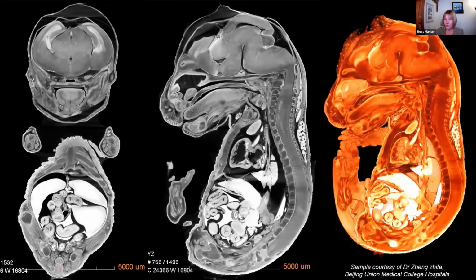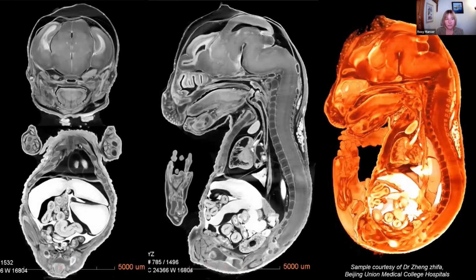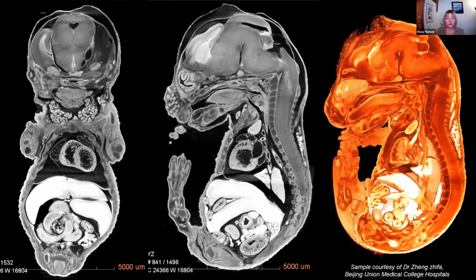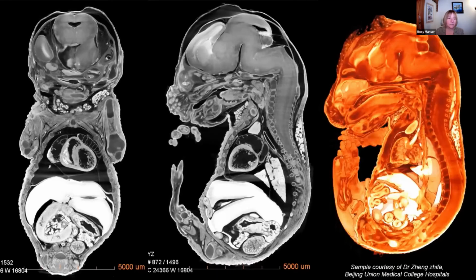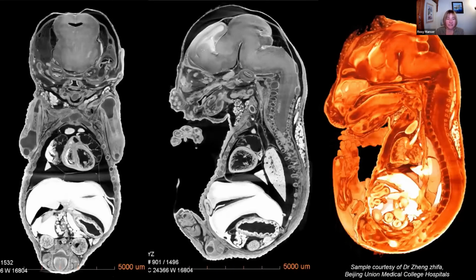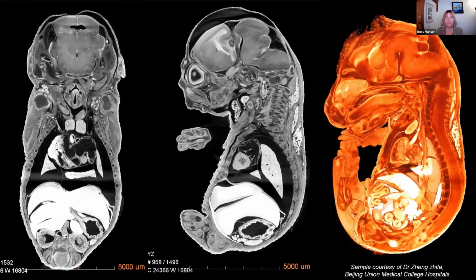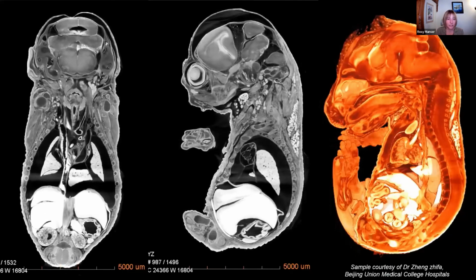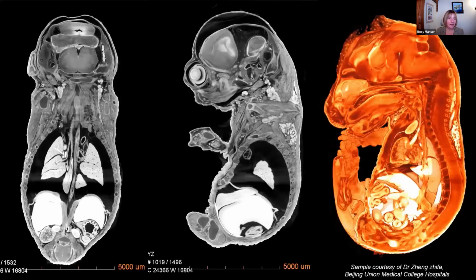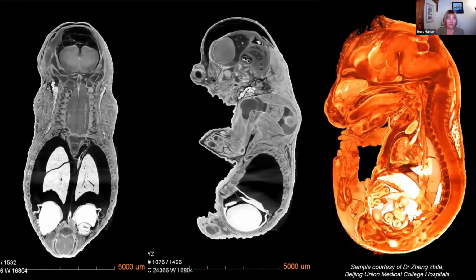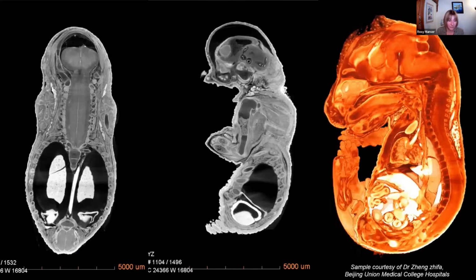On the right-hand side, you've got the three-dimensional reconstruction, and the images on the stacks that you're seeing on the left and in the middle are different views of the same data set, again showcasing how you get isometric voxels. You get the same resolution irrespective of which orientation you're looking at your specimen at. The access to all of that information inside the embryo gives you so many possibilities for looking at the effect of different things.